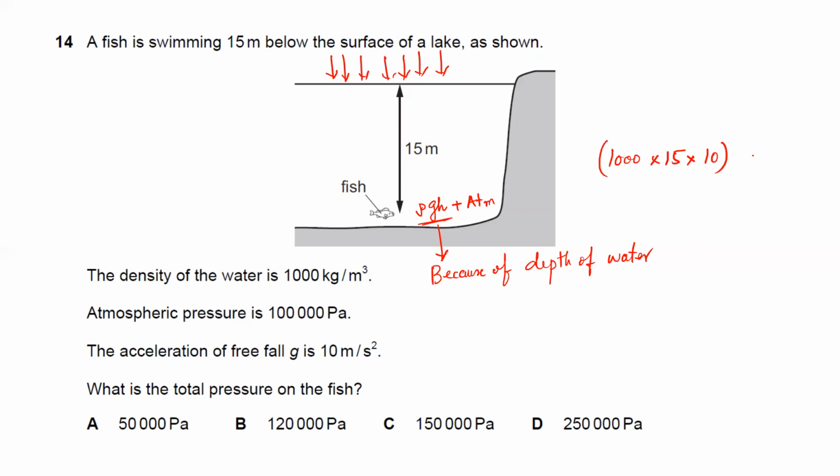Remember, the units must be consistent, plus 100,000 pascals. So this is in pascals and this is also in pascals. So overall, if you add these two values, it comes out to be 250,000 pascals. So answer D is the right choice we have.